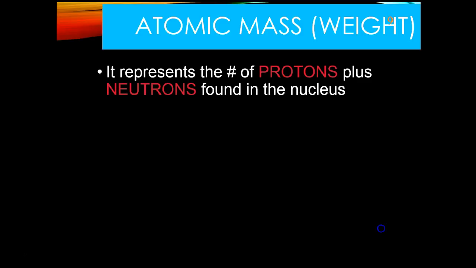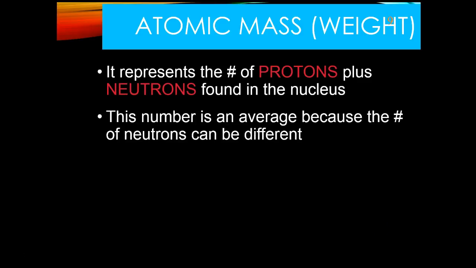All right, so let's say something else. It says, remember that number that we saw a couple of screens back? It said that the atomic mass of hydrogen was 1.0079. Well, this number is an average because the number of neutrons can be different. For example, let's look at carbon.